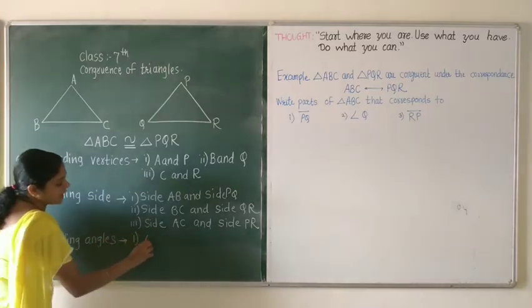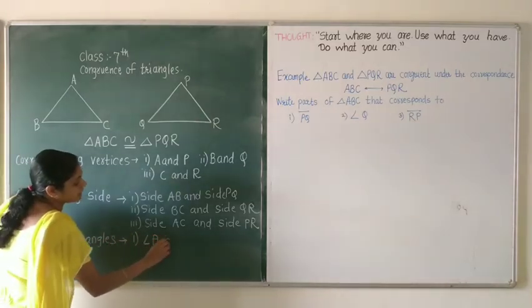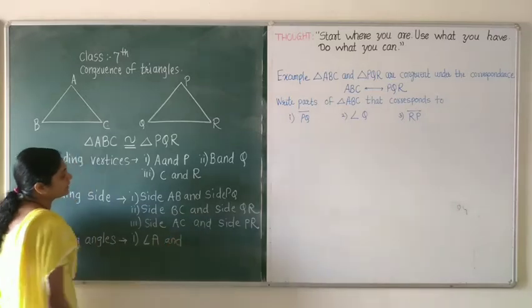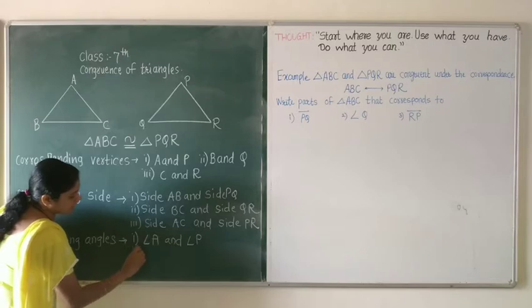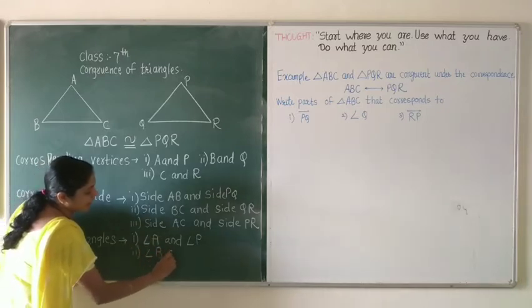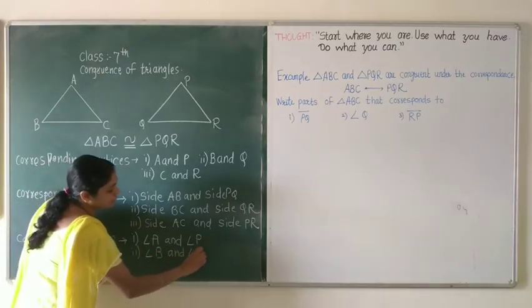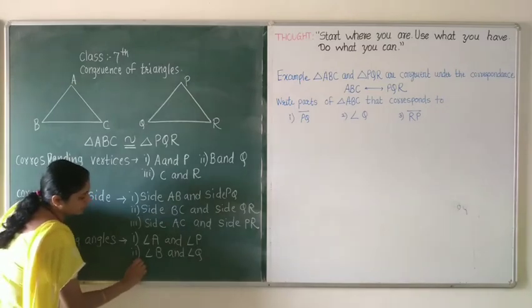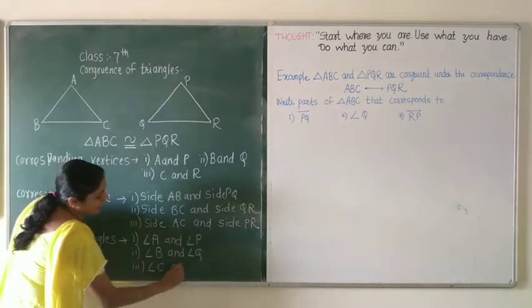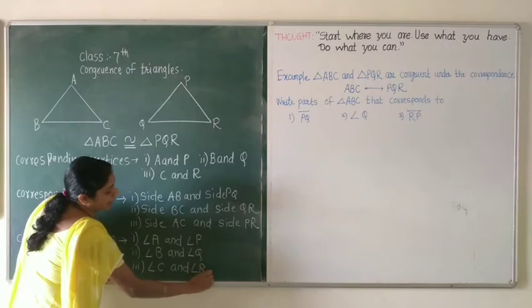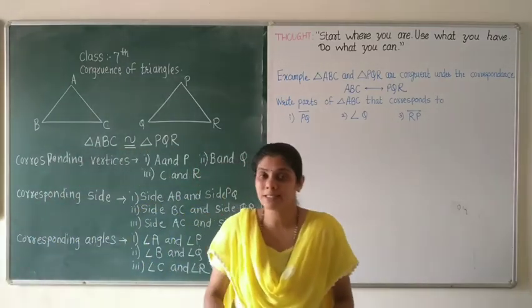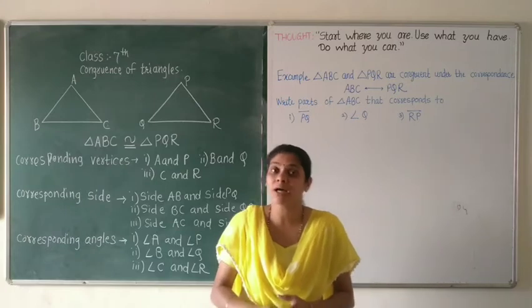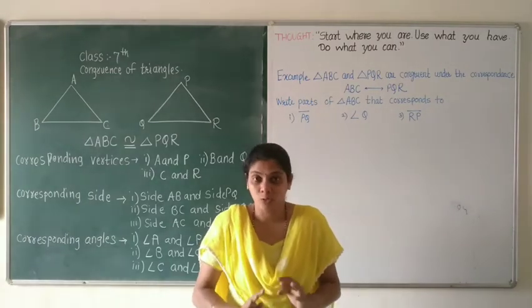The first one, angle A and angle P. Directly, angle B and angle Q. And the third one, angle C and angle R. These are the corresponding parts of triangle ABC and triangle PQR, which are congruent triangles to each other.